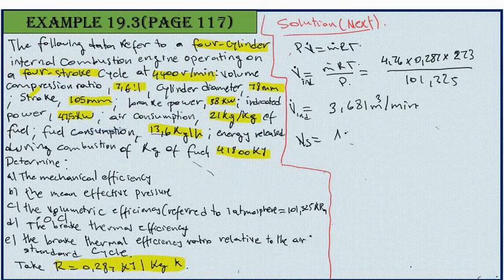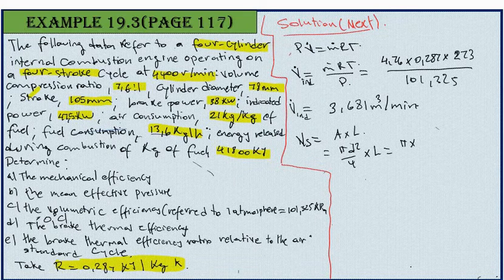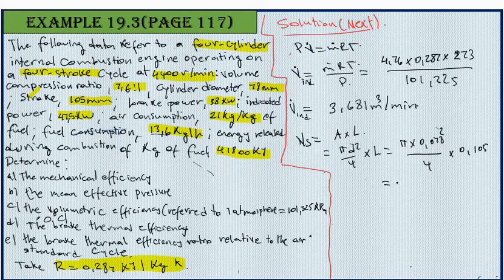So the area is pi d squared over 4 multiplied by the stroke. That gives pi multiplied by the diameter, which is 0.078, squared, divided by 4, multiplied by the stroke. The stroke length is 0.105.